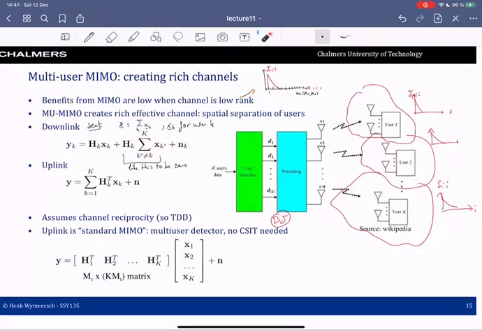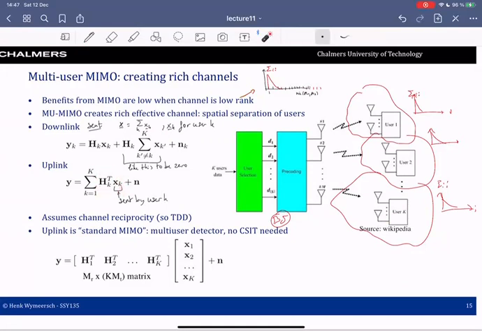multi-user interference. In the uplink, each of the users sends its own data. So this is sent by user k. This data goes over the user kth channel, right?